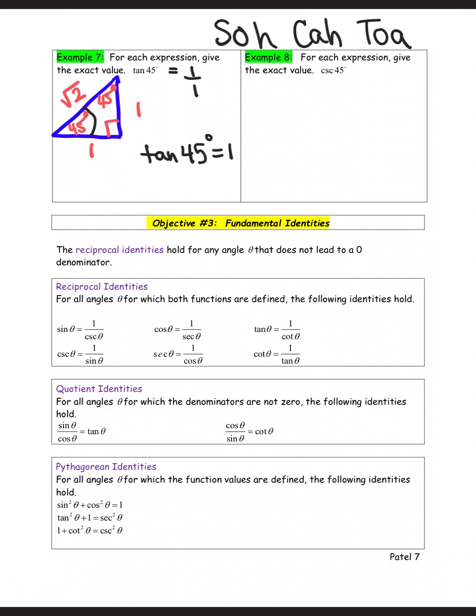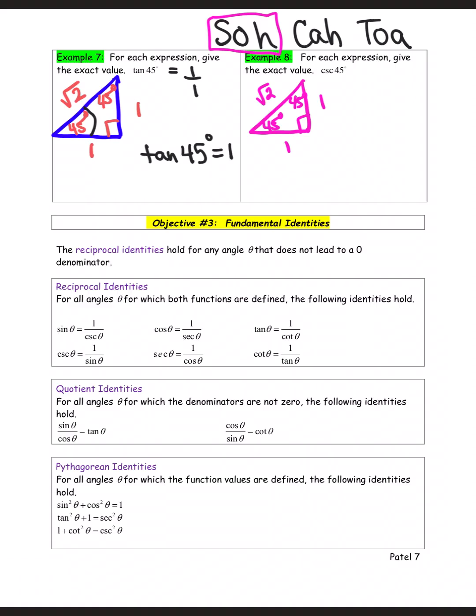Example 8, we're finding the cosecant of 45 degrees. Once again, the length associated with the 45 degrees is 1, and the length associated with the right angle is square root of 2. So cosecant is a reciprocal of sine.